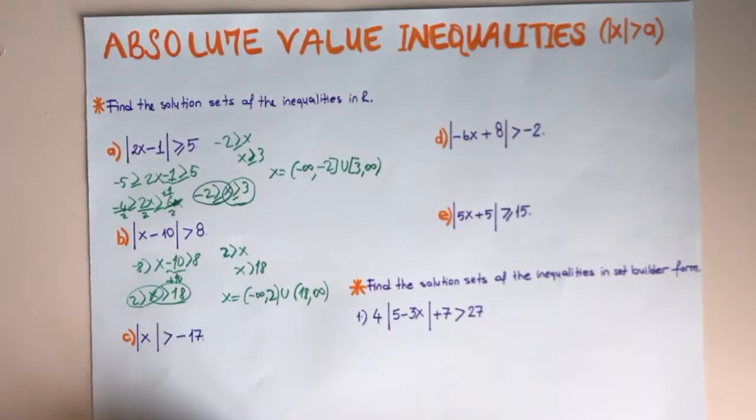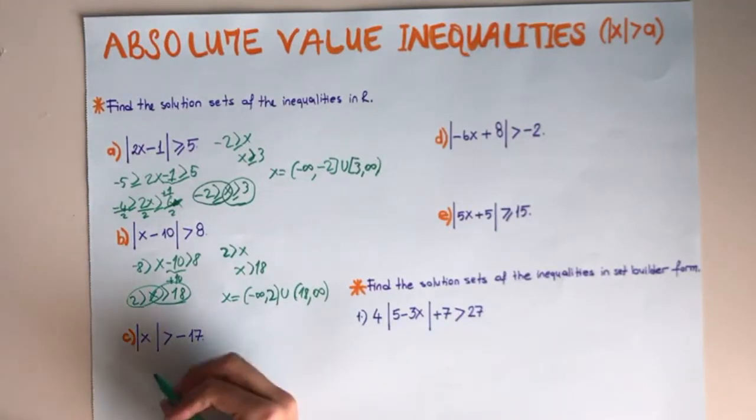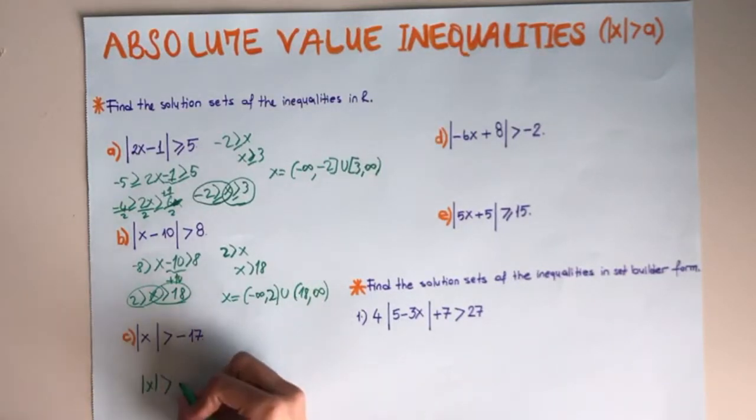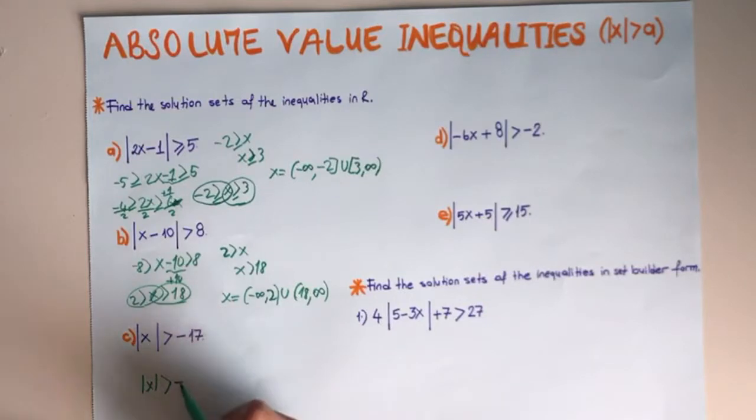For the third question, we must be careful about something. If an absolute value of x is bigger than a number which is negative, like minus 17, the x is equal to all real numbers. Let me give an example.